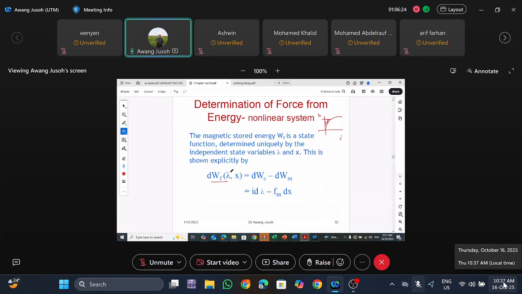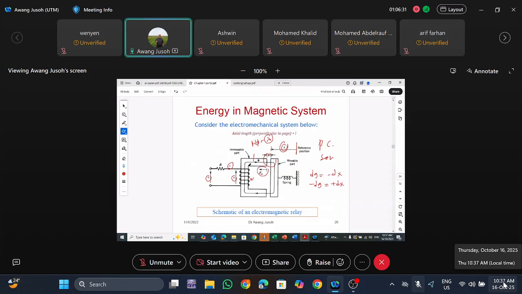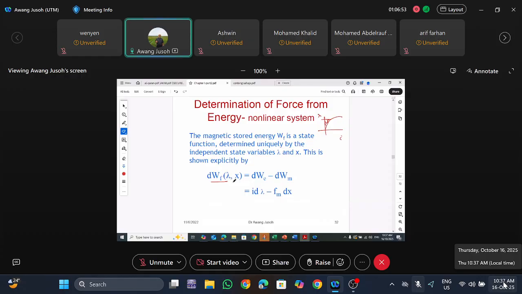Lambda is flux linkage, x is distance. Remember, lambda is flux linkage. When you have flux flow, you have flux linkage, which is N multiplied by phi. x is the distance between the movable part and a certain reference point. So these are two parameters that control the energy stored in the magnetic field. All right, so this equation represents this.